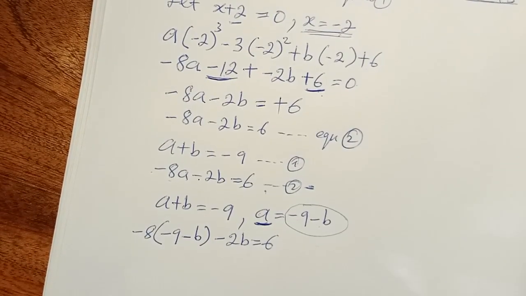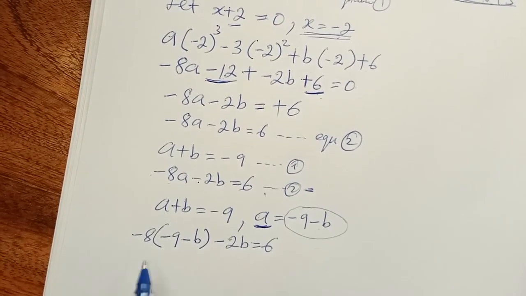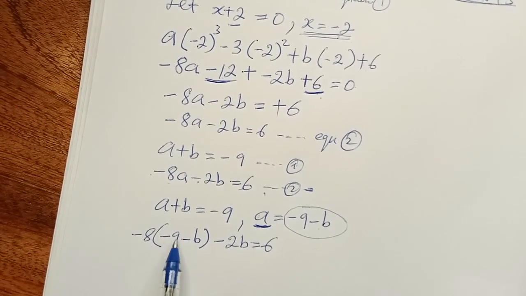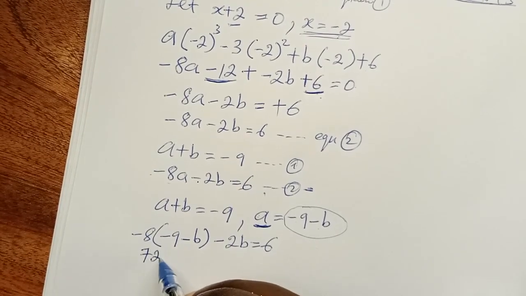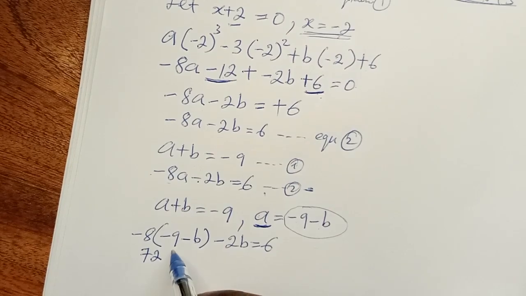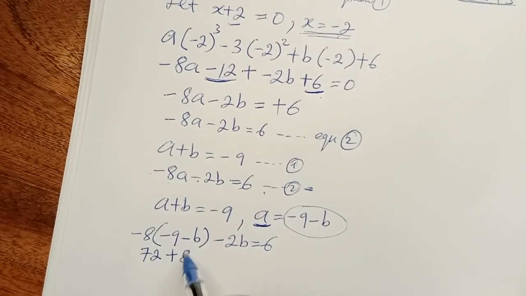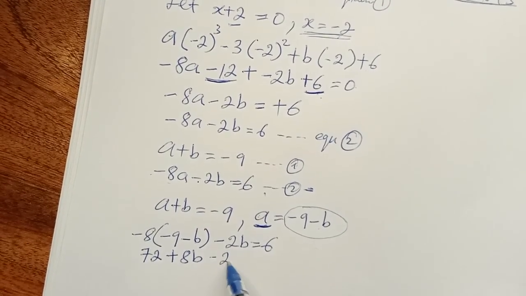Now we are going to expand this in full. Minus 8 times minus 9 is going to give us plus 72. So I'll put 72 here. Minus 8 times minus b is going to give us plus 8b, minus 2b, equal to 6.